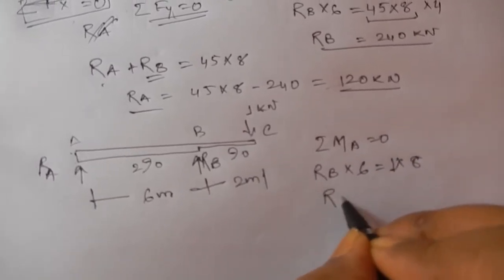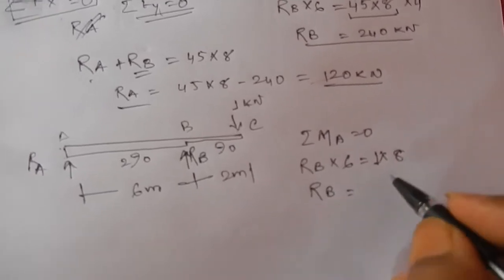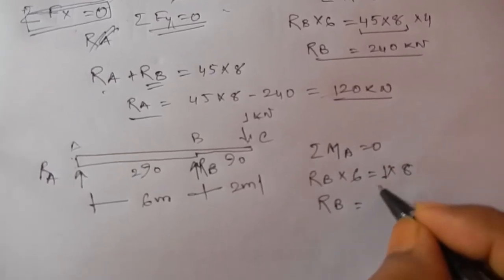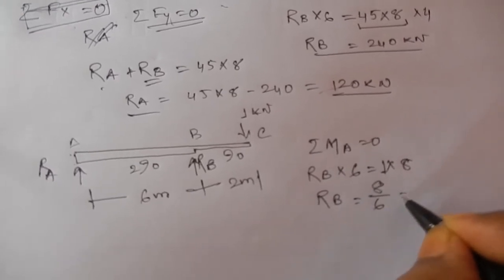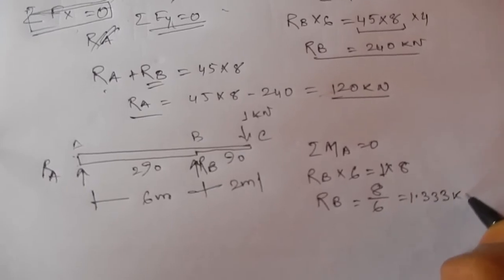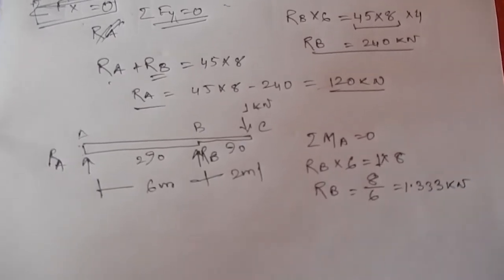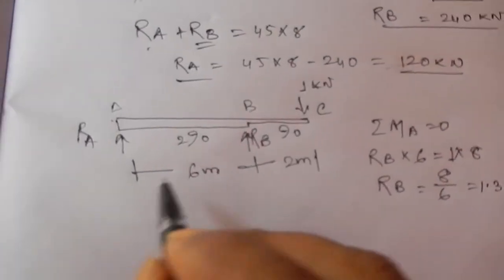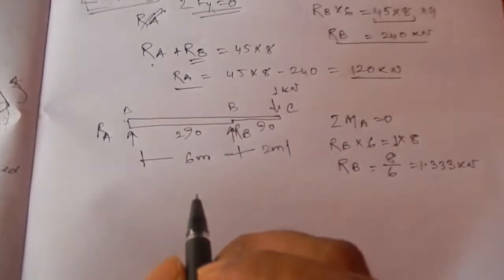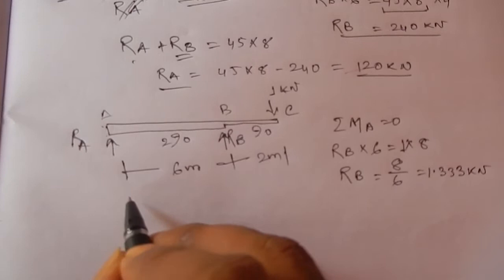So what is the value of RB we are getting? RB value we are getting as 8 by 6, which is basically 1.333 kilonewton, you can say, right? And we can find out the value of RA similarly.